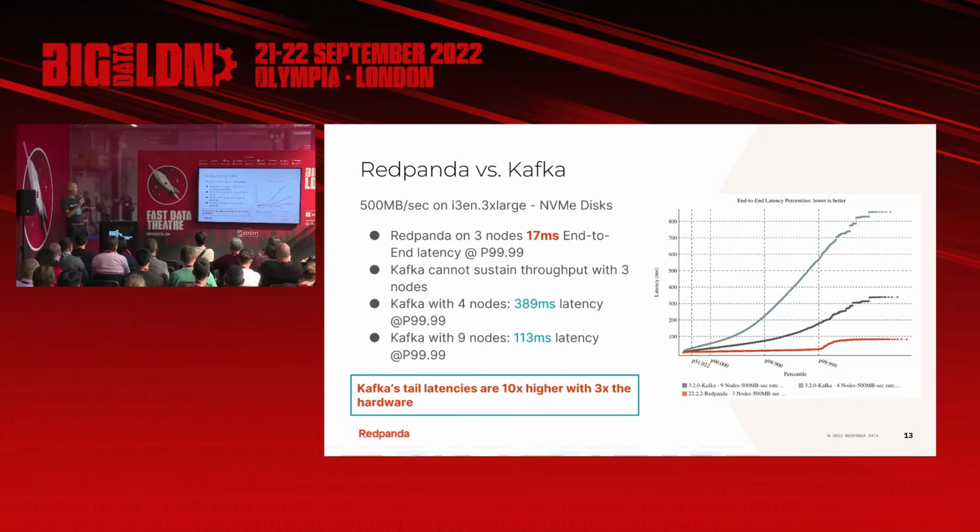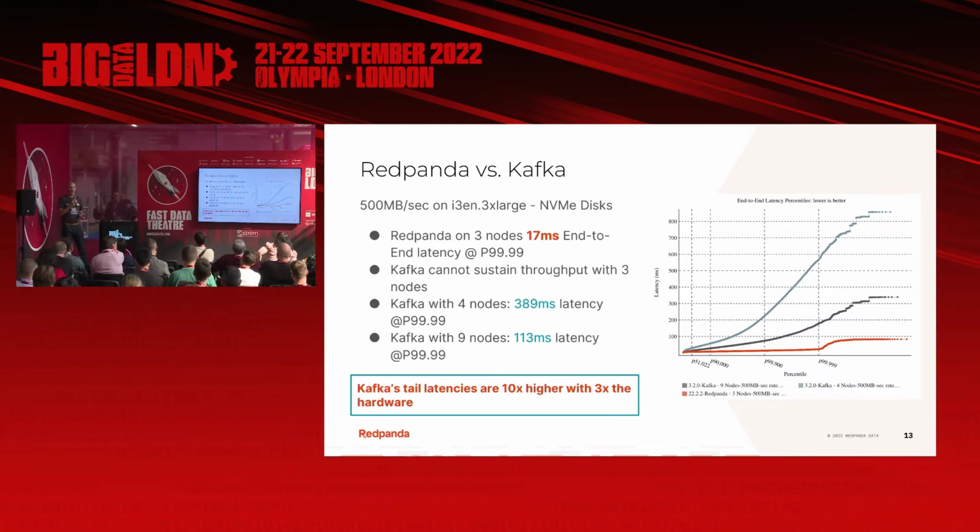We've got Redpanda in the red, and then a couple of traces for Kafka. Redpanda on 3 nodes is doing 17 milliseconds end-to-end latency at P99.99. That's from the producer to the broker and back again to the consumer, end-to-end.